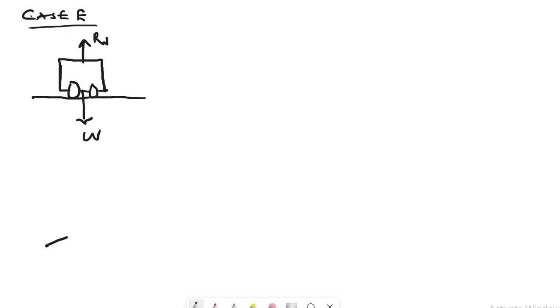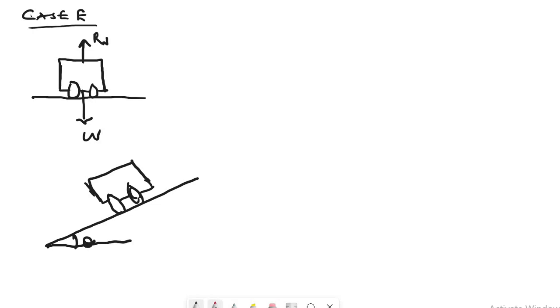Now, when the vehicle is banking, meaning going in a curved path, look at the vehicle now in this case. It's going in a curved path, it's banking. Of course, banking means going in a curved path, so there will be frictional force.